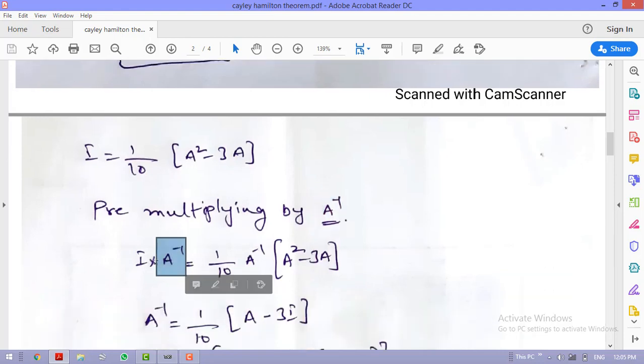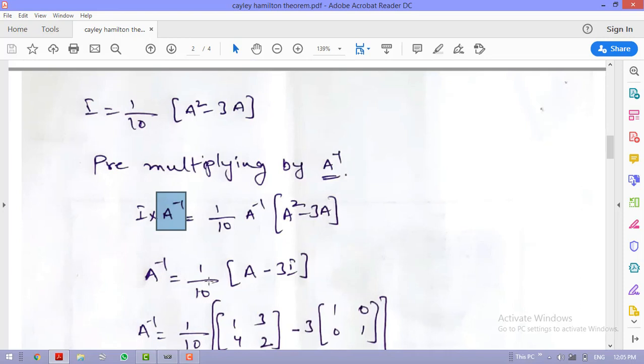Then it will be I into A inverse equal to 1 by 10 into A inverse times (A square minus 3A). So I into A inverse becomes A inverse, which is what we are finding, equal to 1 by 10. When the bases are the same, powers should be added, so A power minus 1 into A square gives you A.